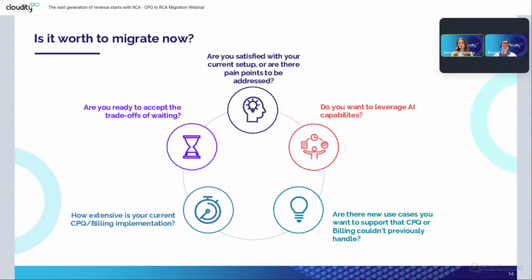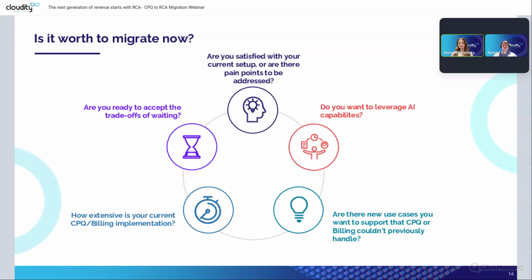Third, do you want to handle use cases previously unsupported by CPQ or billing? A couple of simple examples, let's say self-service. Right, that wasn't really possible with CPQ without, again, jumping through some major hoops. And it is possible right now. We achieved that in one of our projects by using RCA with B2B commerce.